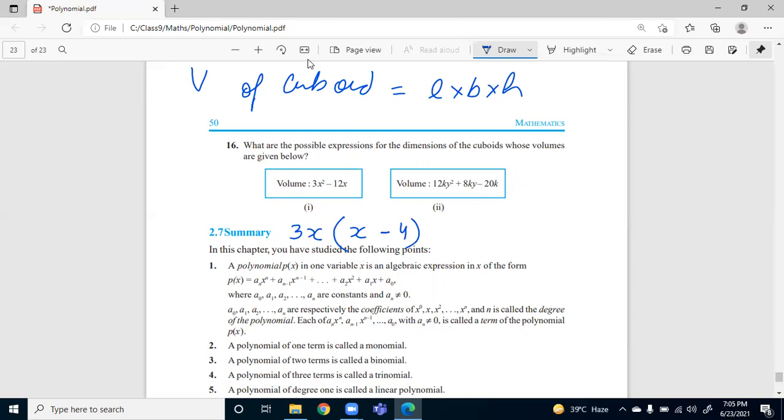So can you see now I am getting three terms. So I can just write it like 3 into x into x minus 4. So what does it indicate? You can say the three dimensions are: length is equal to 3, breadth is equal to x, and height is equal to x minus 4.